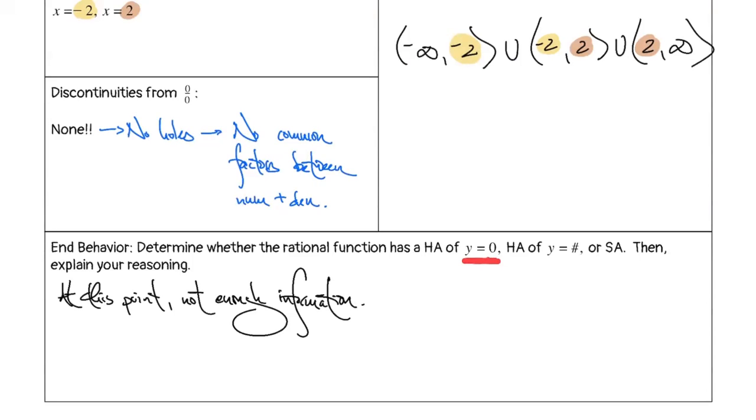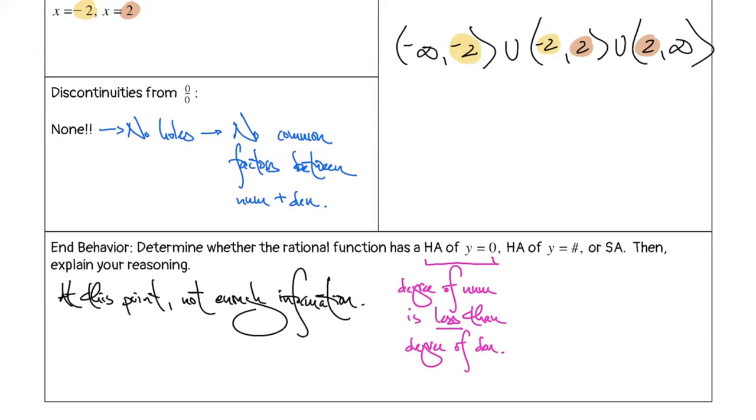Which means that if you wanted to make a function that had a horizontal asymptote of y equals 0, what would you make true about the degrees of your numerator and denominator? That the numerator is larger than the denominator. Close. Degree of the numerator is going to be less than the degree of the denominator. Right.